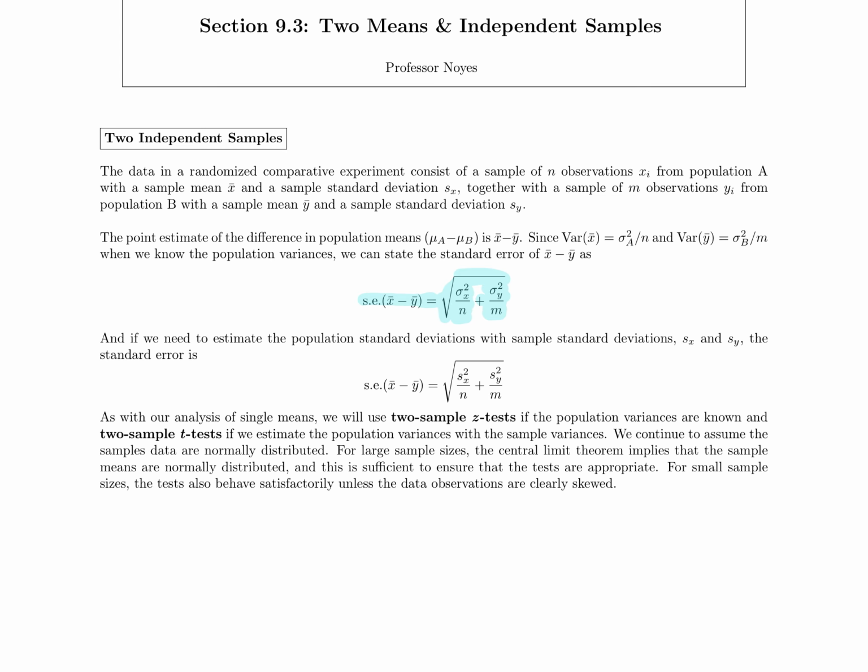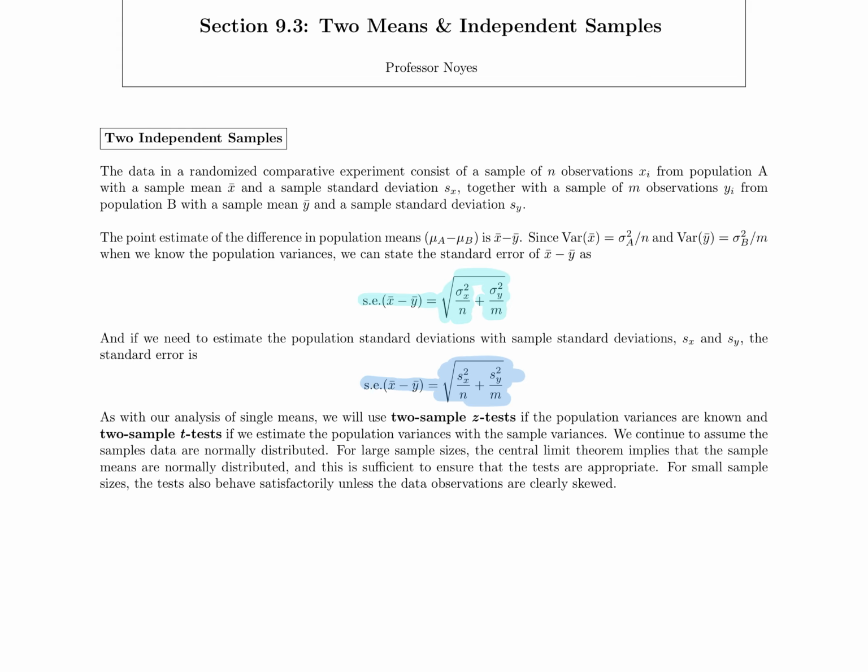When we do that, our standard error of x bar minus y bar is going to be the square root of s sub x squared over n, the size of the sample from population A, plus s sub y squared over m, the size of our sample from population B.